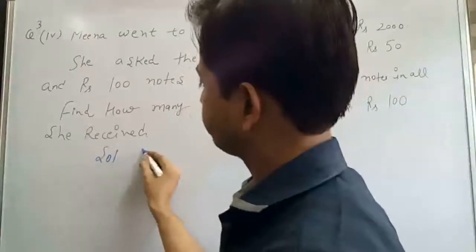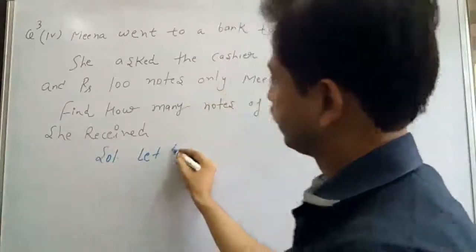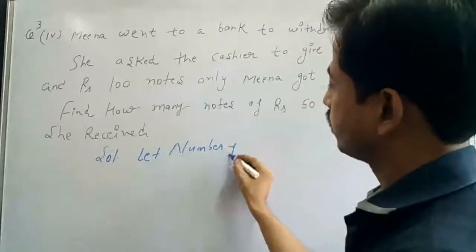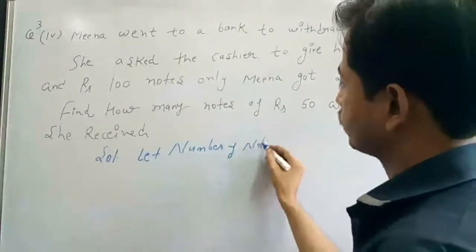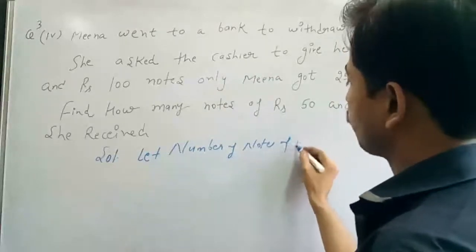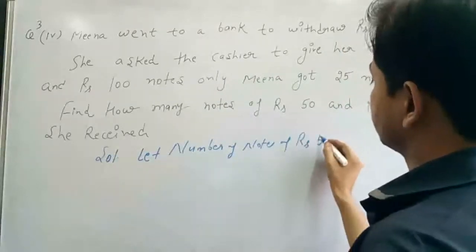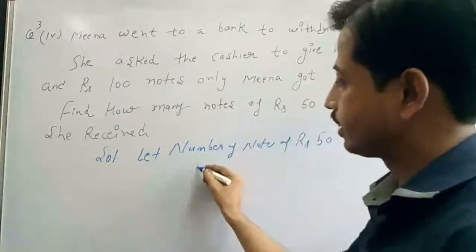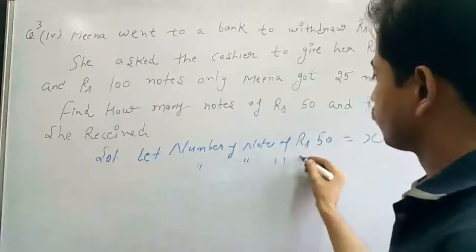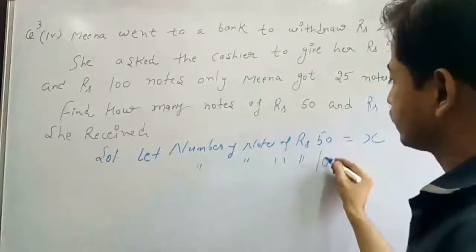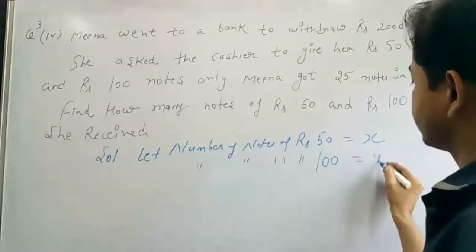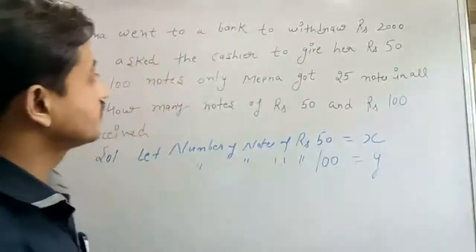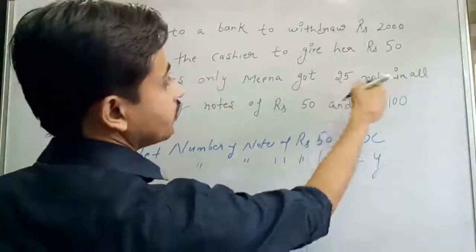So let the number of notes of rupees 50 be x. Then the number of notes of rupees 100, I am considering as y. Then according to the condition, Meena got 25 notes.